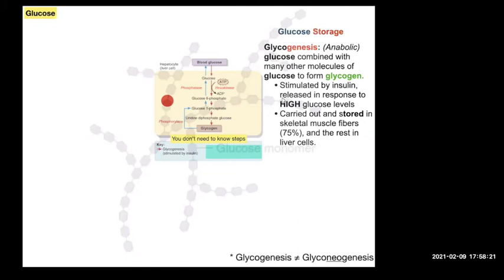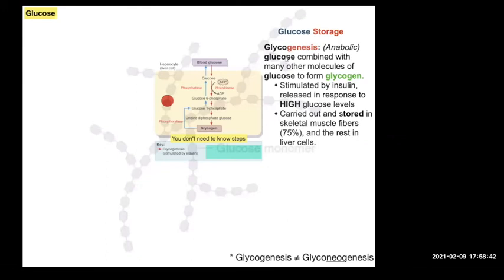So your insulin is now circulating around the blood, and that does a couple of different things, but in our interest right here, this insulin is going to stimulate this glycogen formation, both in the liver and in the skeletal muscle fibers.